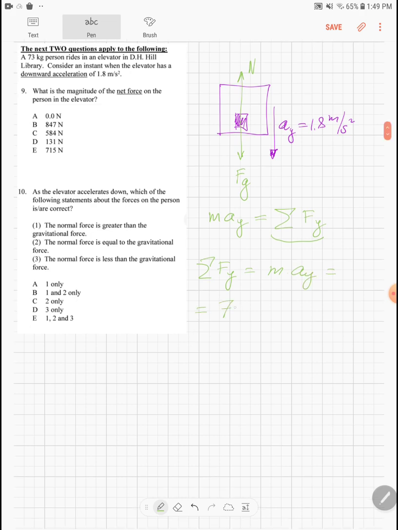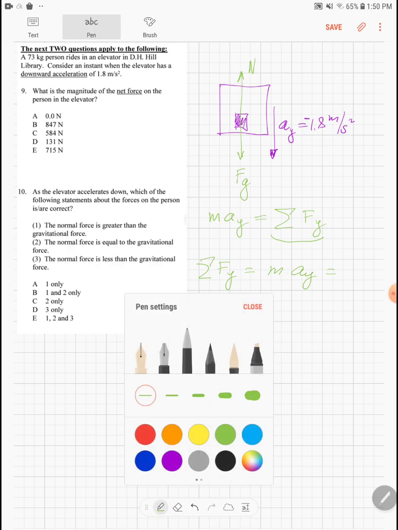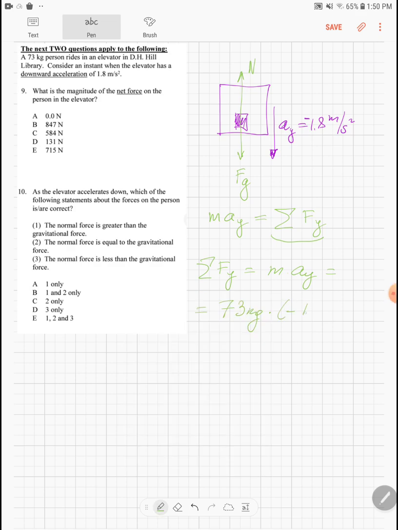It will be 73 kilograms times a_y, which is negative 1.8 meters per second squared.